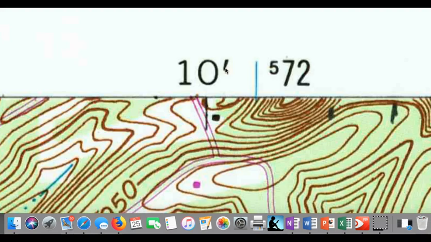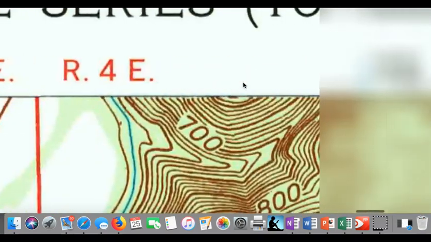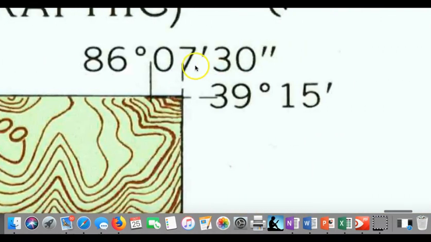Inside the map, this would be the same longitude, degrees that is, 86, and it's 10 minutes and 00 seconds. And what they're telling you is that that point is 2 minutes and 30 seconds, or 2 and a half minutes, further west than this point in the corner here.